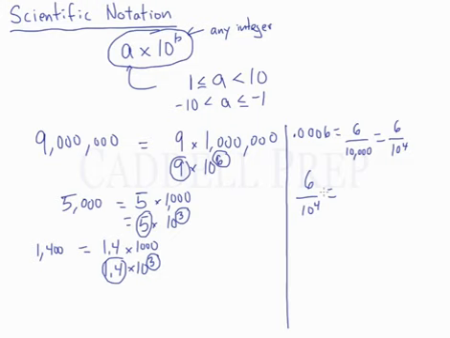Remember from our exponent lesson, if you move from denominator to numerator or numerator to denominator, you change the sign of the exponent. So if we want to write this up here, it would be 6 times 10 to the negative 4th. So in this case, the exponent's negative.